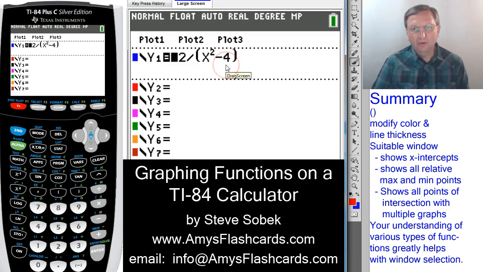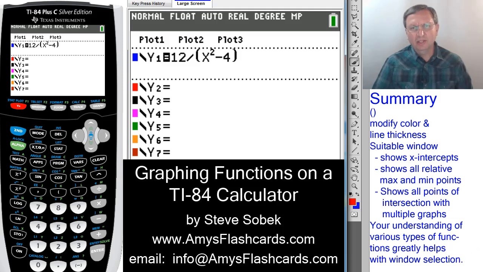We've learned how to modify the color of the graph, the line thickness, change them to dashed lines, and so forth. We learned how to find suitable windows showing the x-intercept, showing all relative max and min points, showing all points of intersection when we have multiple graphs. And we know that our understanding of these various types of functions will greatly help us with the window selection.